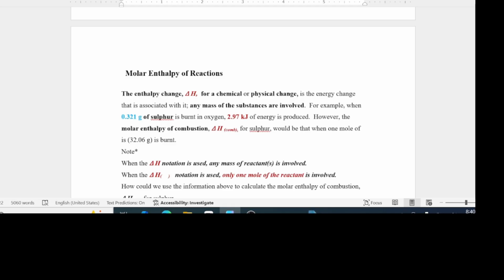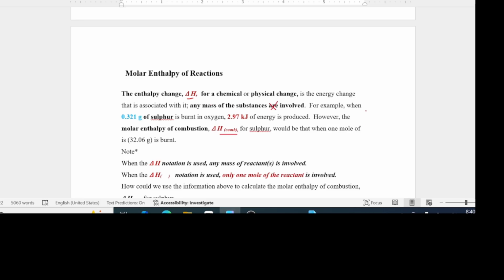There is another way of representing enthalpy changes, and that is by showing the molar enthalpy change. So some points to note. The enthalpy change delta H for a chemical or physical change is the energy change that is associated with any mass of substance undergoing a change.